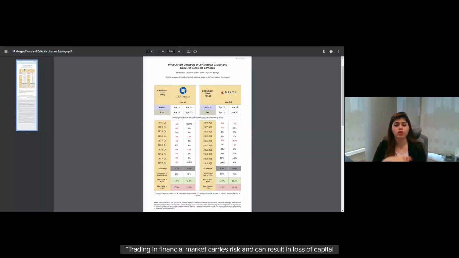You've done your analysis, you've done your research, and you go ahead and buy the stock. So indirectly, you are speculating because you don't know if the company is actually going to report a positive number or a positive surprise or not.